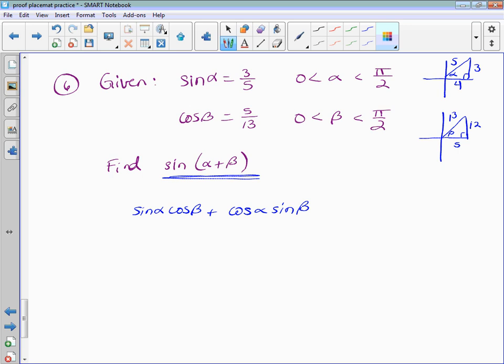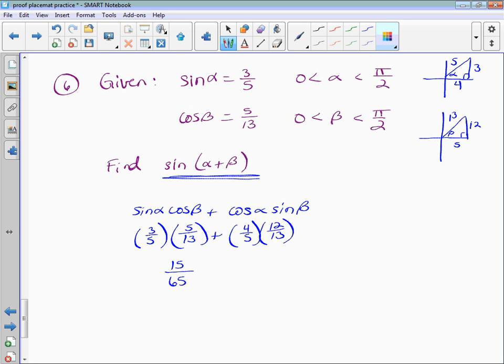Okay, so now you've got these two pictures where you can find these sines and cosines from. So what is the sine of alpha? 3 over 5. What is the cosine of beta? 5 over 13. Okay. Plus, what's the cosine of alpha? 4 over 5. And the sine of beta? 12 over 13. Okay. Fractions, we multiply straight across. So I have 15 over, what's 5 times 13? 65.